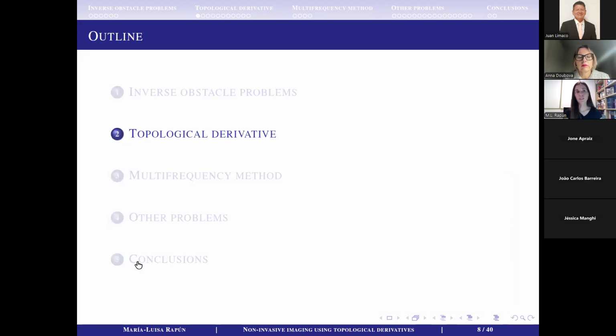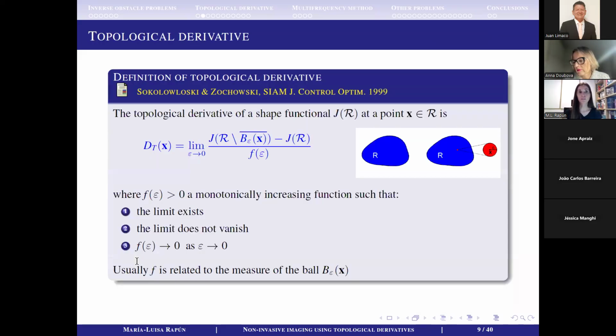And for computing the minimum of this function to identify the regions that contain objects, we are going to use this topological derivative. So let me introduce first this concept. So imagine that we want to determine if we have some defect in some region R. And for doing so, we are going to use a scalar function d, which is the topological derivative, defined as follows.